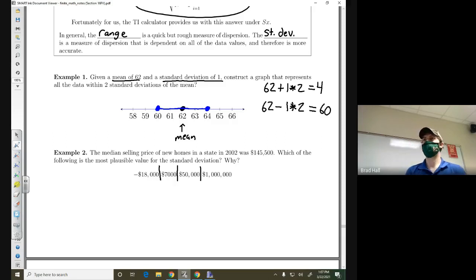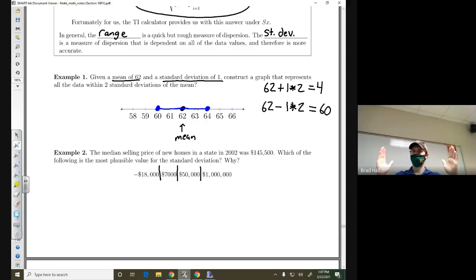So the standard deviation explains the spread from the mean. And when I say this, 1 standard deviation away from the mean should give us an interval. The mean being in the center, we want a standard deviation above and below. So that gives us an interval.